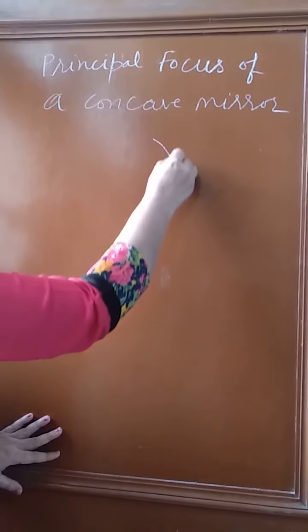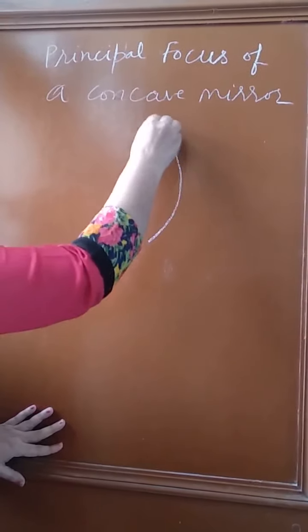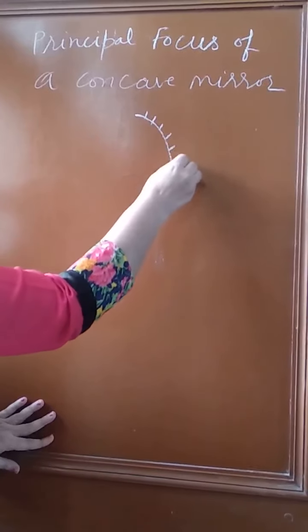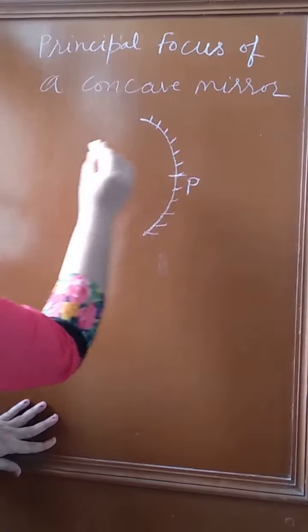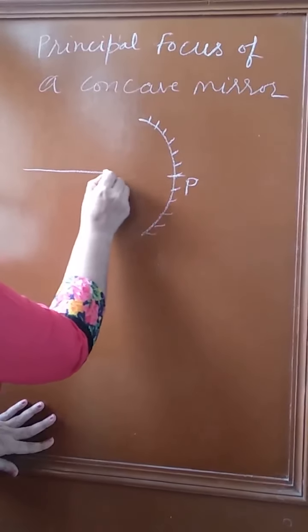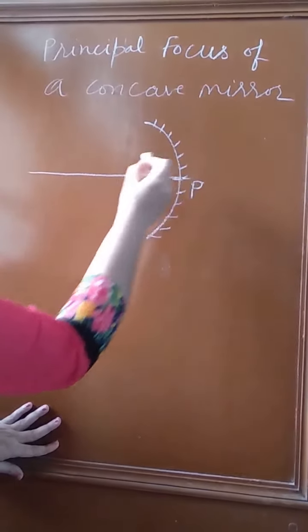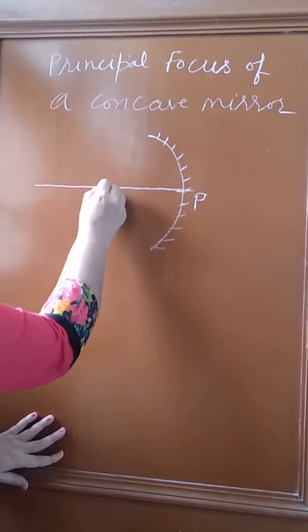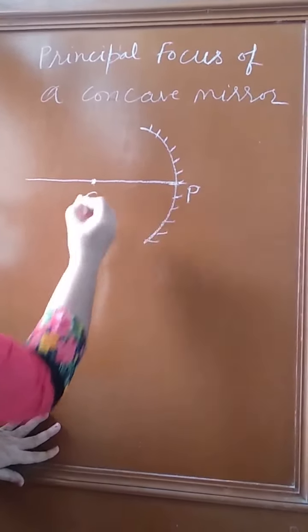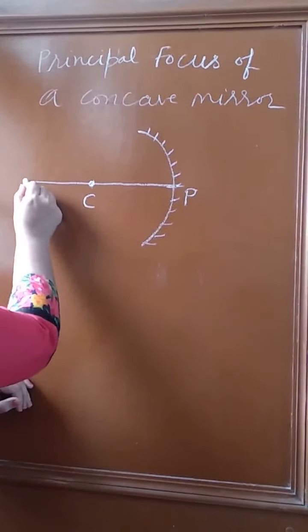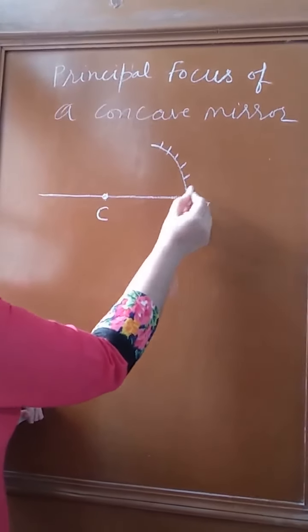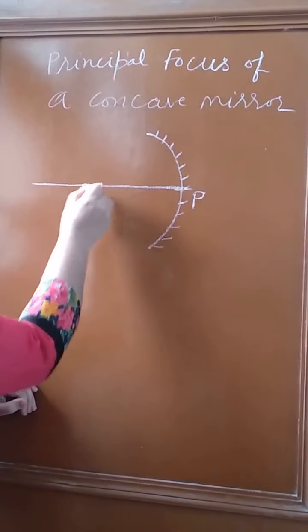Now consider a concave mirror whose outer side is polished. P is the pole of this concave mirror. This is the center of curvature. This is the principal axis, which passes through the pole and the center of curvature.